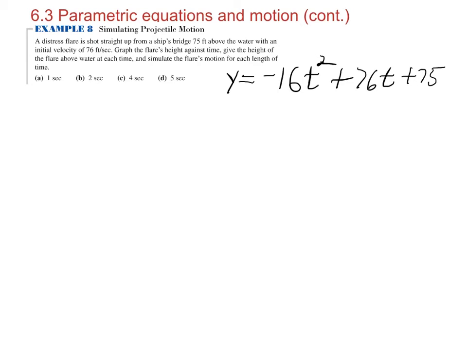Okay, now that in and of itself, great, there's our equation. However, if we now want to graph the height against time, we're going to use parametric equations and simply set our x equal to t.